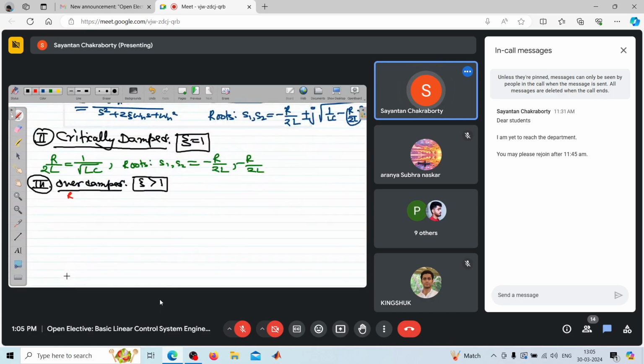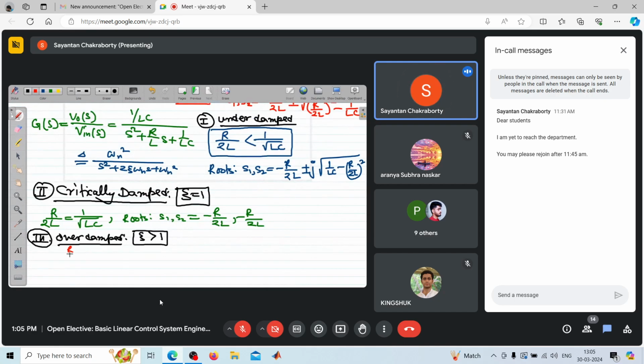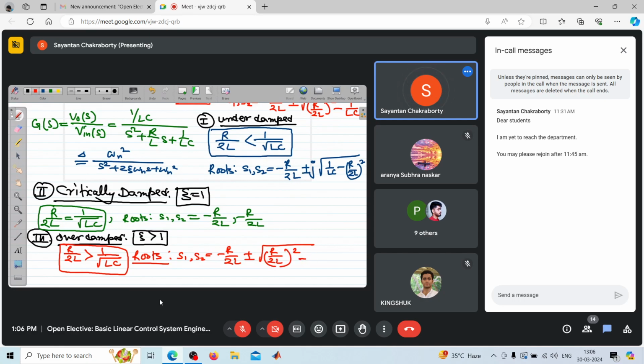The condition will be just following the rules, and the roots. Right?